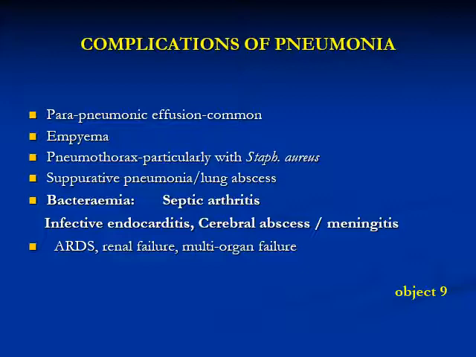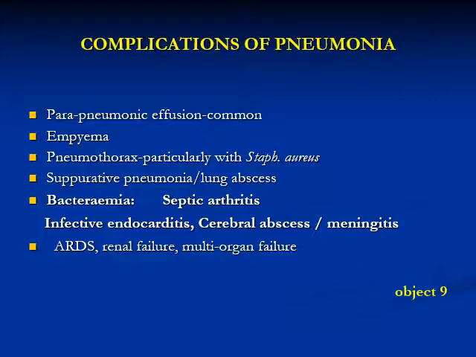Or there is empyema, which means this fluid becomes purulent, develops pus, and we see pus inside the pleural cavity. Pneumothorax especially occurs with Staph aureus. In Staph aureus, the patient may develop cavitation or pneumatocele, a cyst inside the lung, and this may rupture to result in pneumothorax.